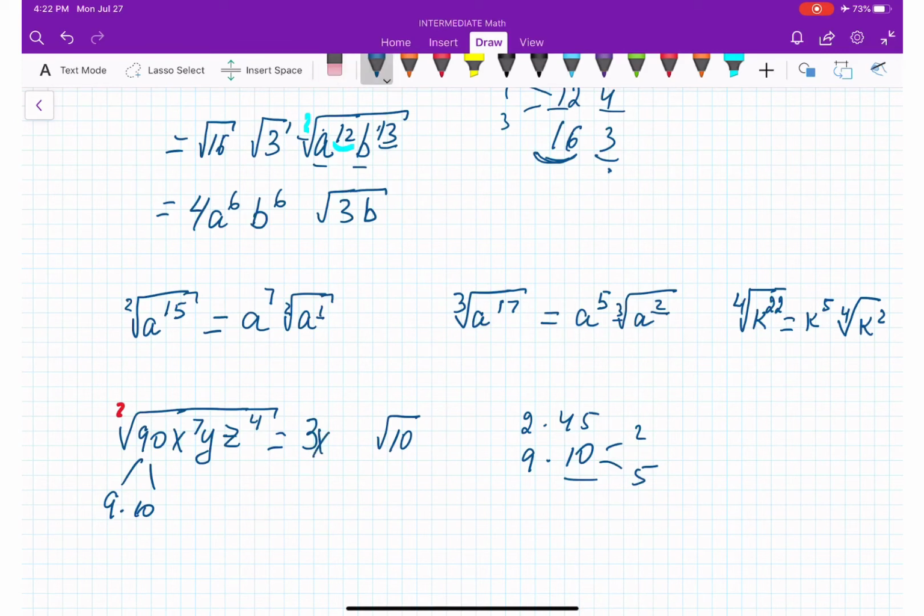X to power 3, and the remainder is 1, right? So this 1 stays underneath. Y, since we have degree 1, nothing can be taken out of y, it's going to stay underneath. Z to power 4, and its square root, 4 divided by 2 is 2. We get z to power 2. Okay? That's all it is.